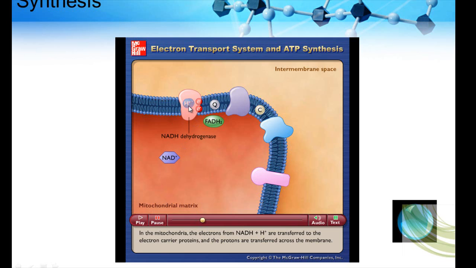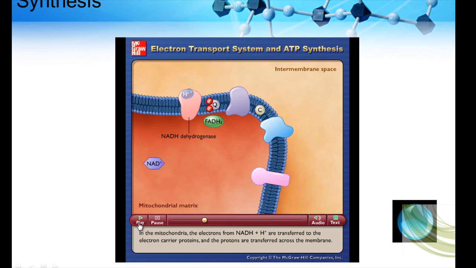If you remember from the chemistry chapter, a hydrogen is a proton orbited by an electron. So here at the very beginning, we're going to take this NADH and split each hydrogen atom into ions. The proton, which we're going to call a hydrogen ion, and then the electron. So they're split. This is positively charged. This is negatively charged.